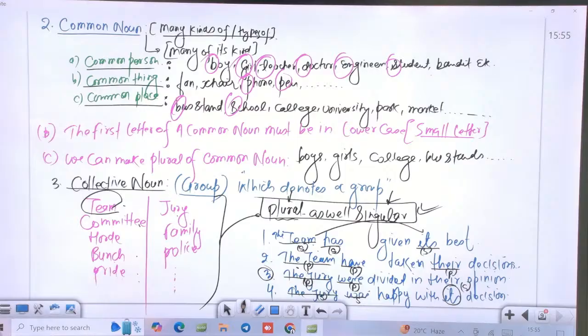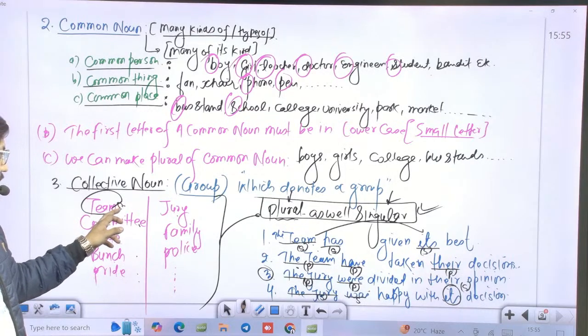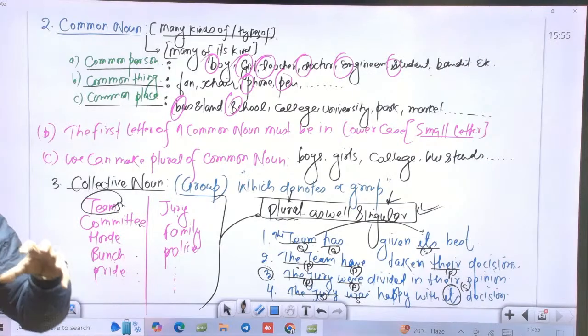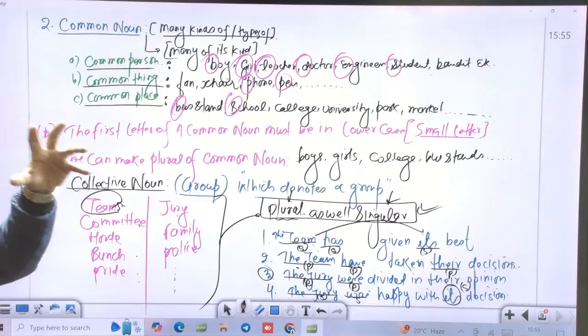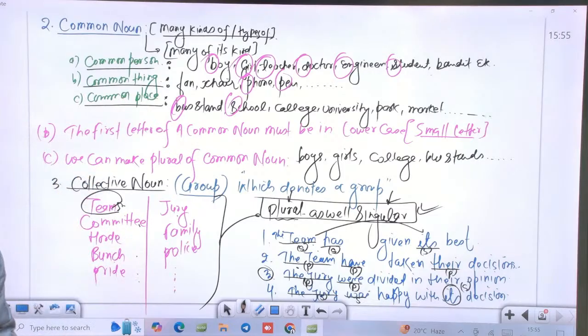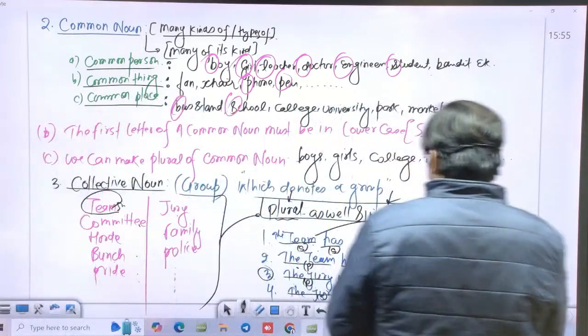But there is an exception when we have to use s with them. Like there are many teams participating in this Commonwealth Games, right? So there are so many different types of teams we are talking about. Note down, everyone.